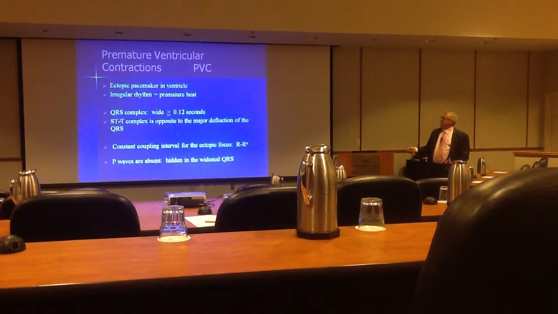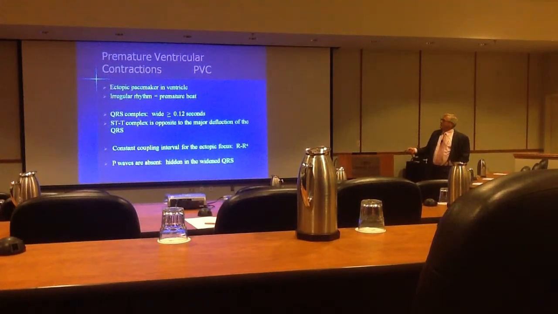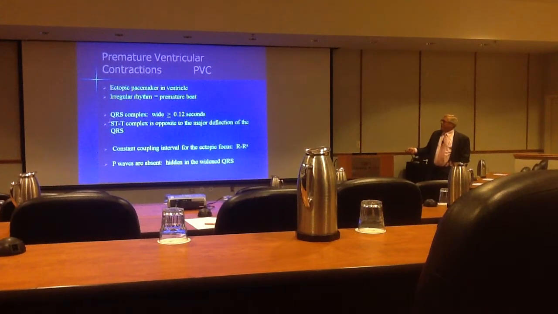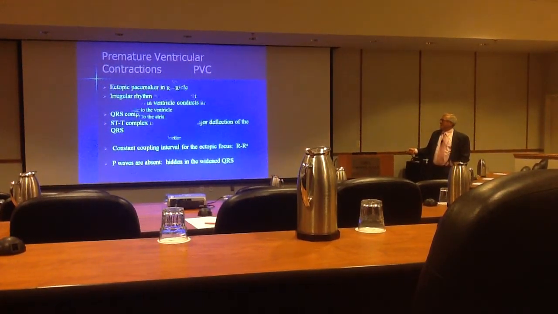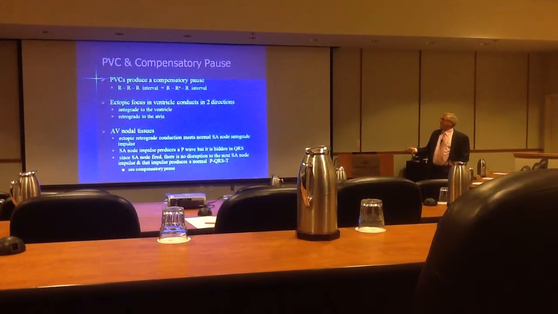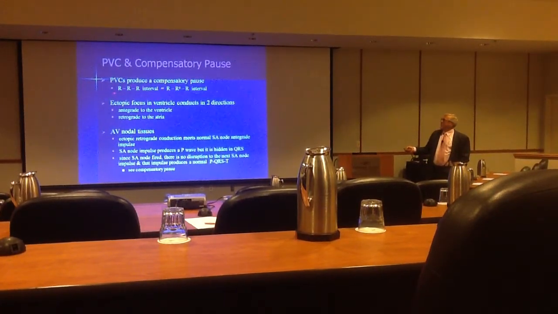And this is another sign for a PVC: the major deflection of the QRS is always 180 degrees opposite to where the ST segment and T wave is. And I'll show you what that is in a minute. But there's a compensatory pause here. So if we take the measurement of 3 normal beats, that distance will be the same as the distance between a normal, abnormal, and normal beat.